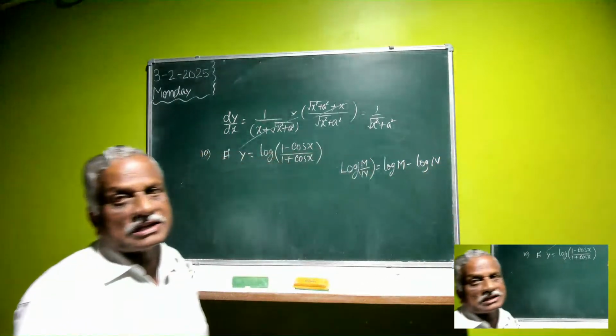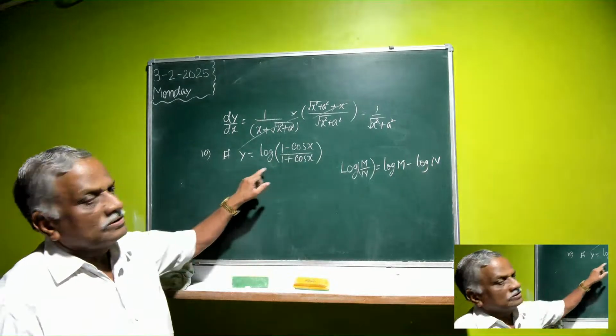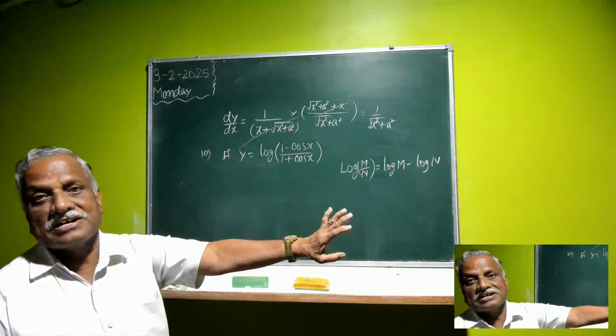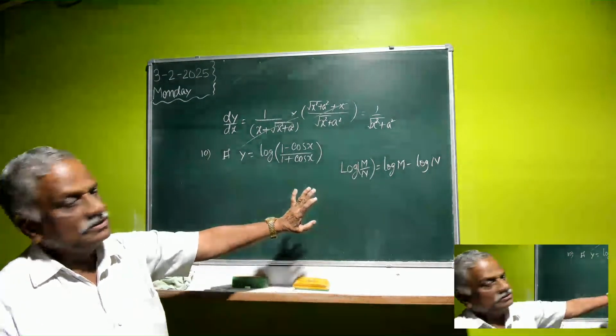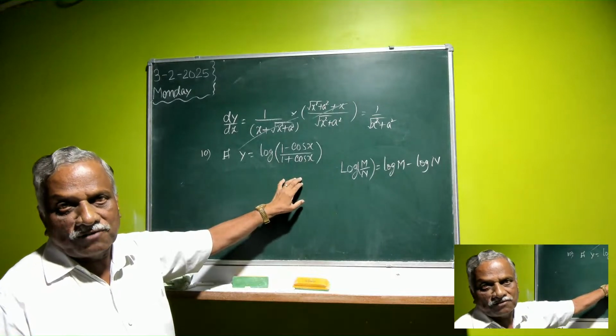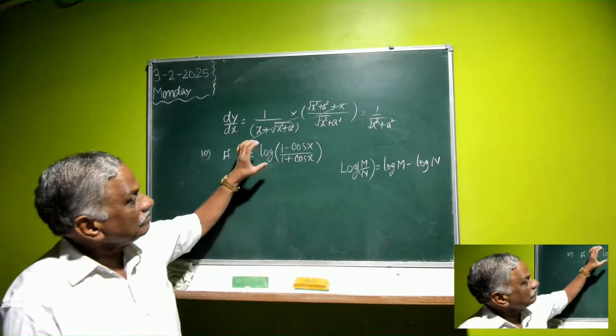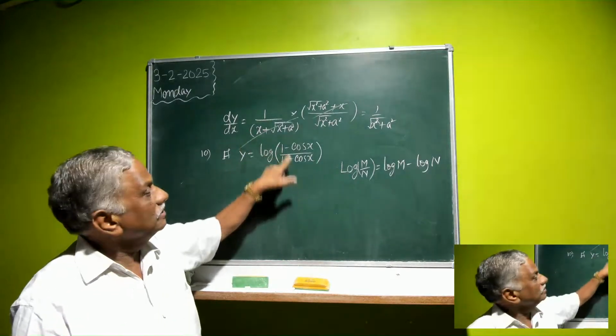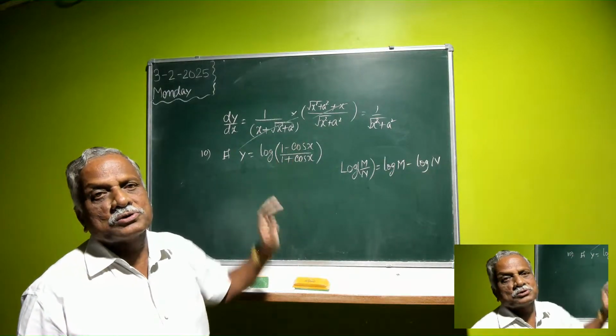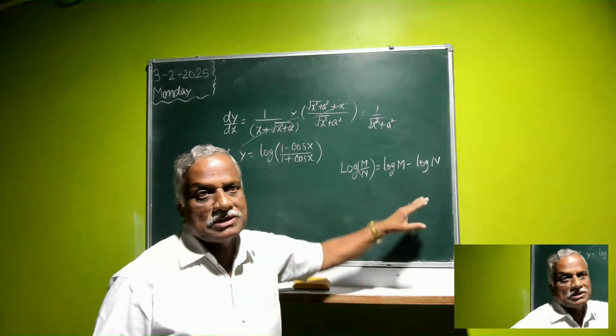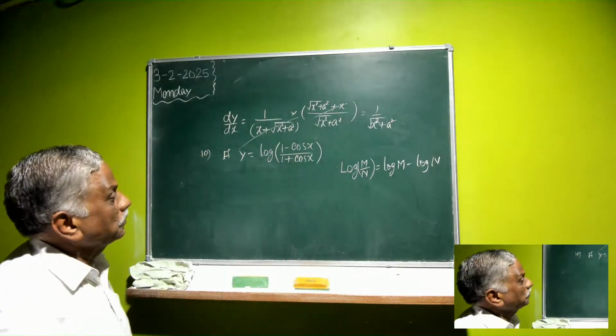The advantage of using the formula is that simplification makes differentiation itself easy. If I don't use the log formula, first you write 1 over this, then you have to use the quotient rule. Whereas if you use the formula, you can avoid the quotient rule.